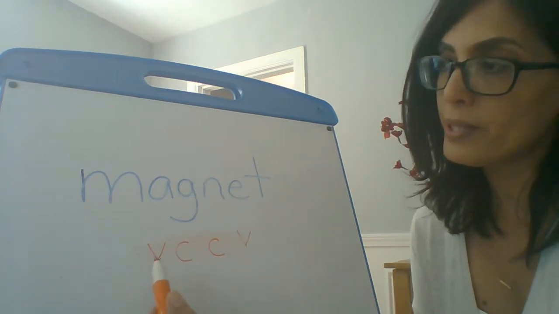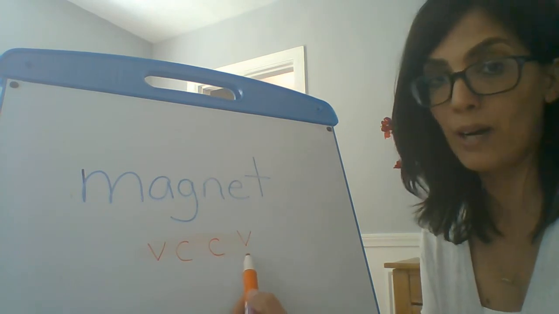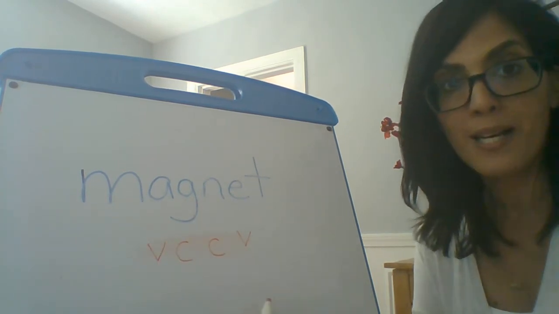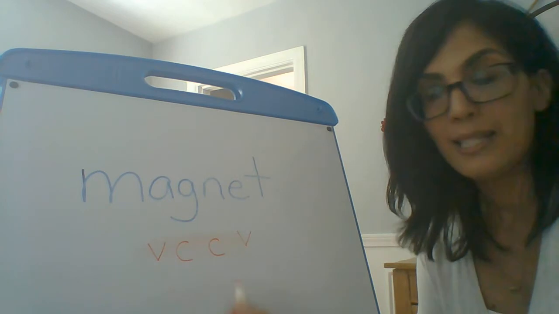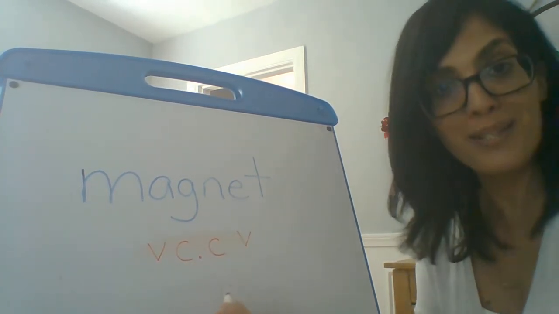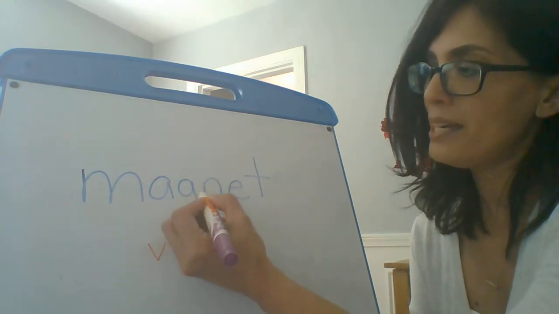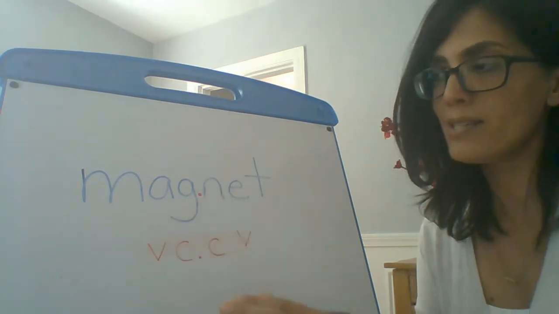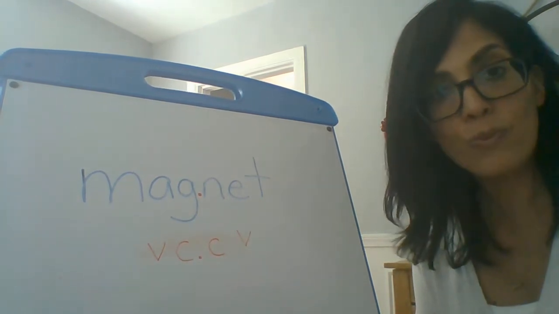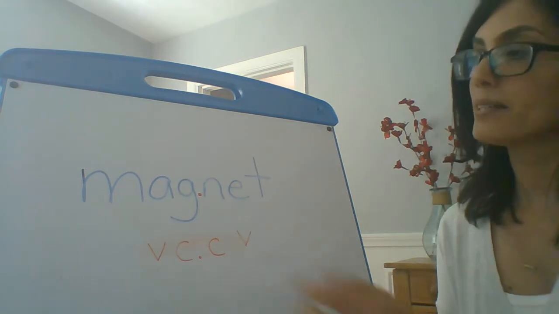When I have a word that has a vowel, consonant, consonant, vowel, like in this word, I'm going to break the word between the consonants. Okay, so watch. Between my two consonants, G and N, this is where I'm going to break that word to find the syllables.